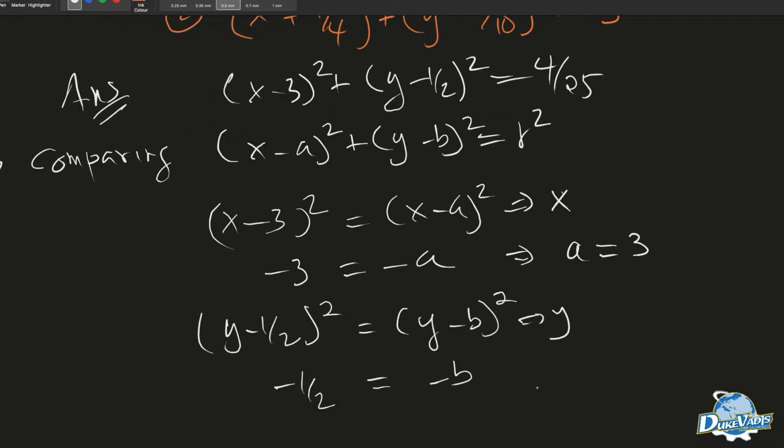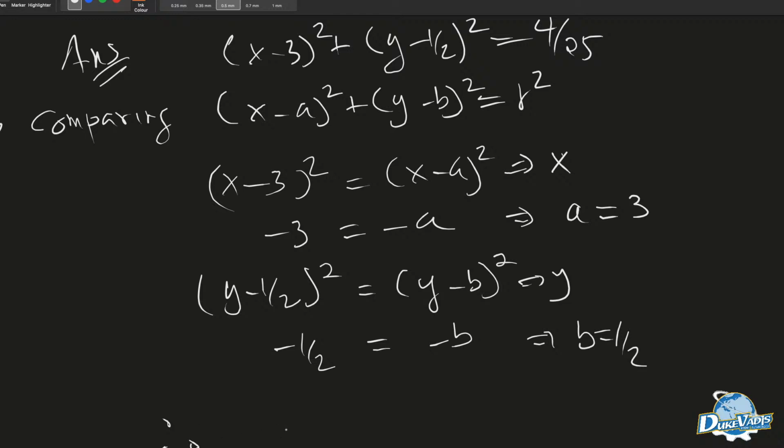That means b is equal to what? Half. So therefore our center is 3 comma half.